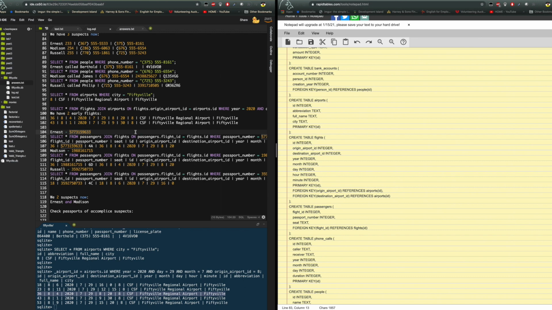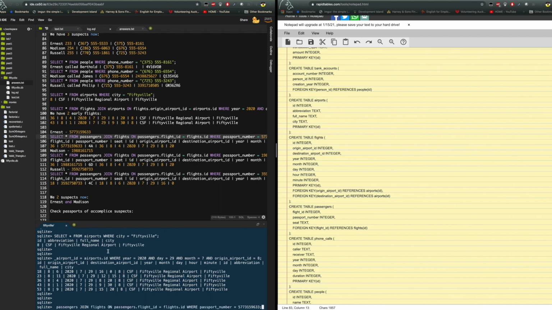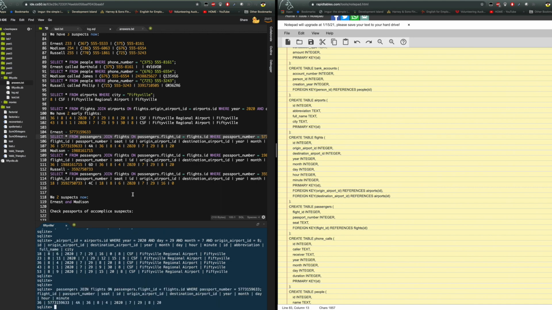So I checked Ernest, and here is a little bit of complication with the code where we need to join tables because it's a foreign key table. I went from passengers. I joined with the flights, and I established a relationship. Passengers, flight ID.